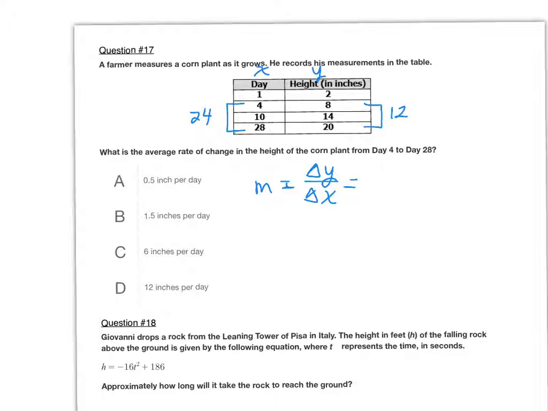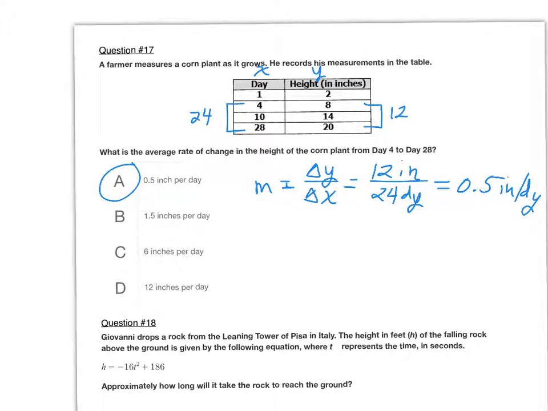So our y difference was 12, and that's inches. And our x difference was 24, and that's days. So we're going to actually take 12 and divide it by 24, and that does give us 0.5 inches per day. And that would be answer A.